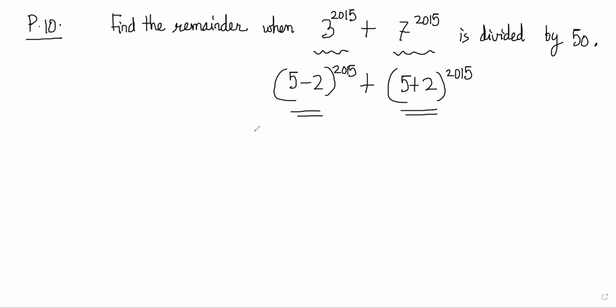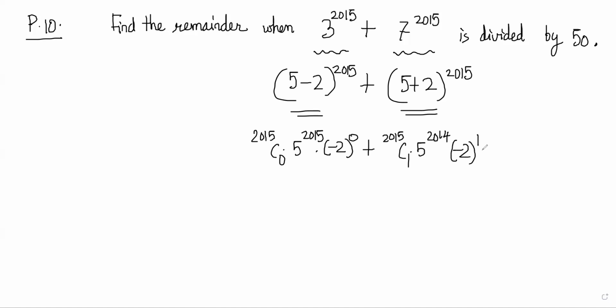So for example, here I will write 2015 C0, 5 power 2015 and minus 2 power 0, plus 2015 C1, and this term will have a negative sign, 5 power 2014 and minus 2 power 1, and so on. And those negative terms will get cancelled.